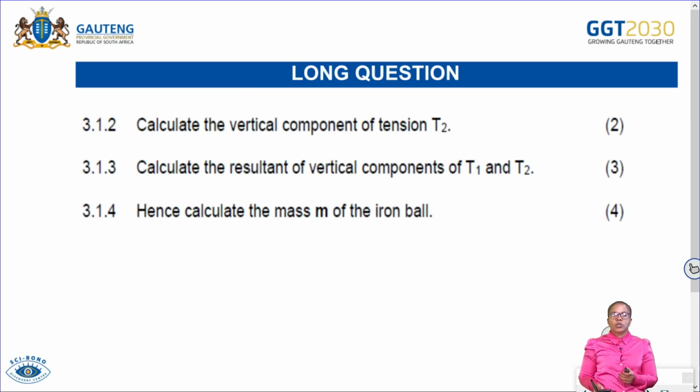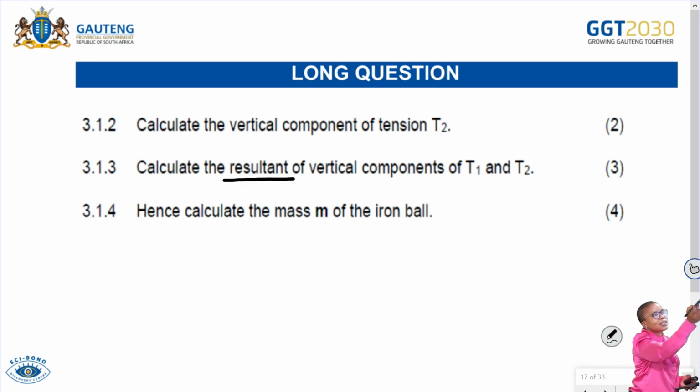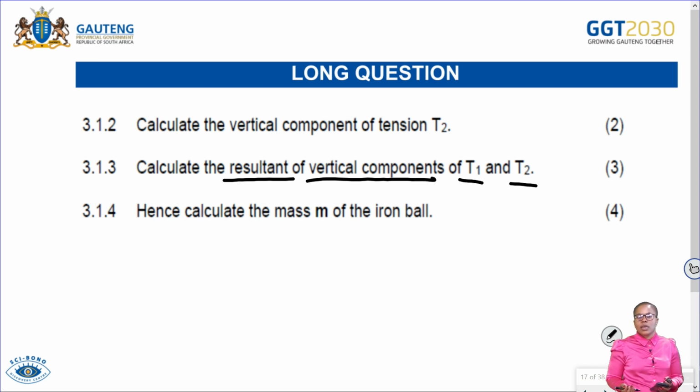Let's go to question 3.1.3: calculate the resultant of the vertical components of T1 and T2. We want the resultant of the vertical components of T1 and T2, which is the single vector that has the same effect as both of them combined.